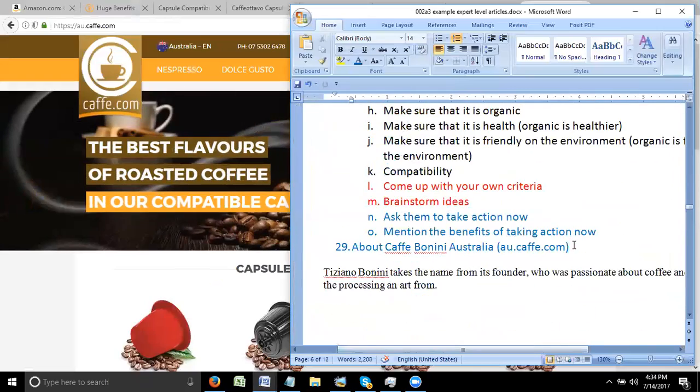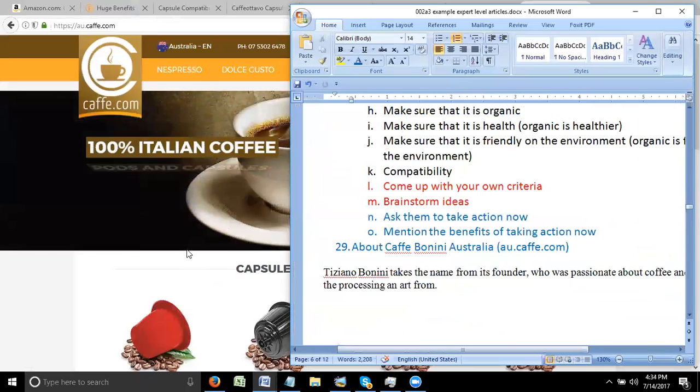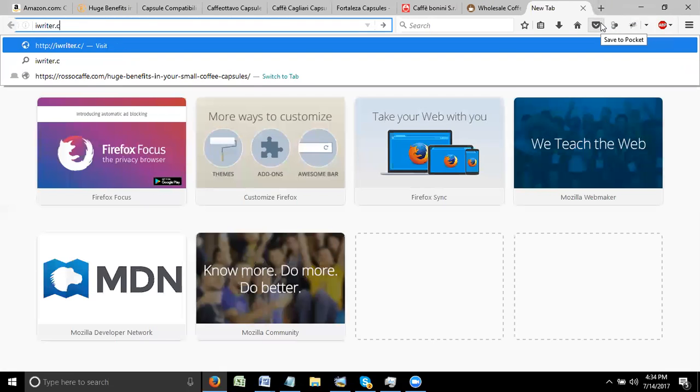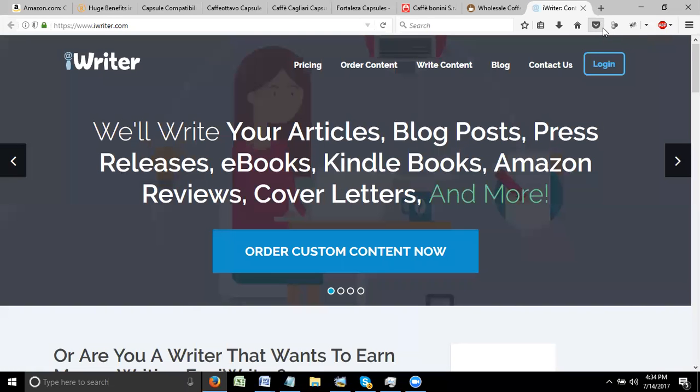And this outline will be very useful for delegating to writers, especially one of the places that we're using right now is iWriter.com, because it's just much simpler and much faster to delegate there. You can hire good writers there for a fraction of the cost that it would take to hire writers on other websites.